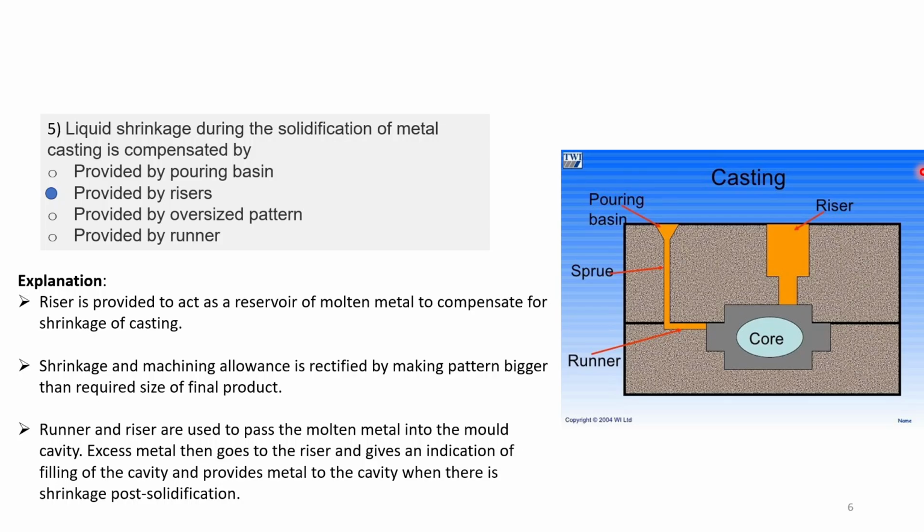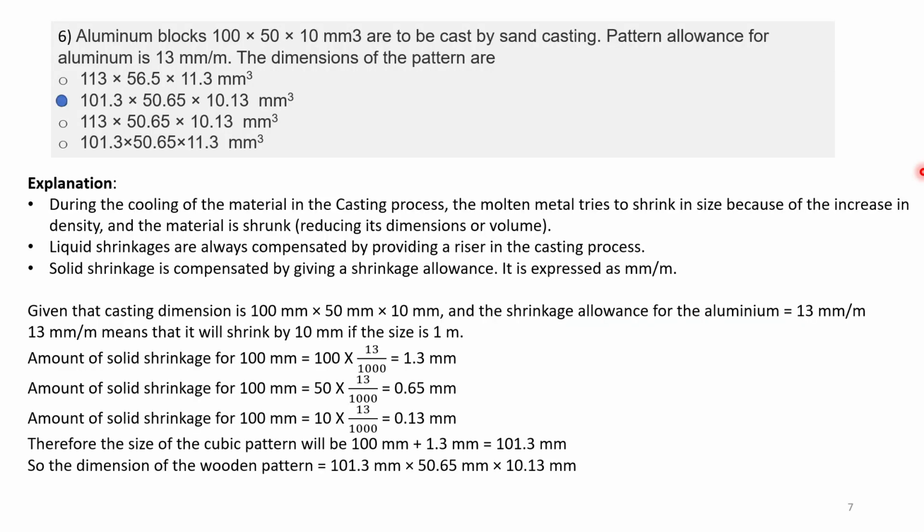Next, you have to find out the dimension of the pattern. The final block should be of these dimensions, so you have to add a certain part. For adding, you are given 13 mm per meter as the pattern allowance, right?